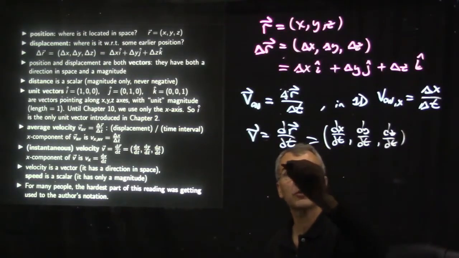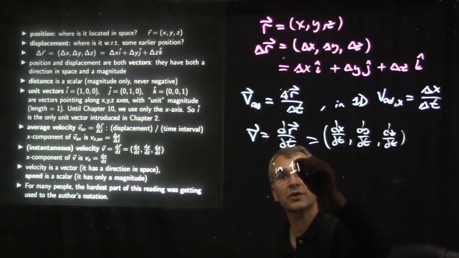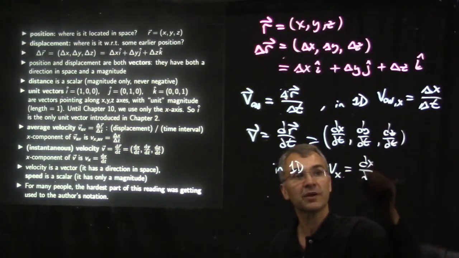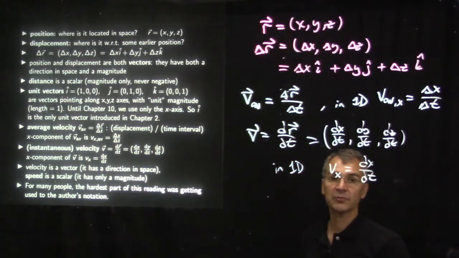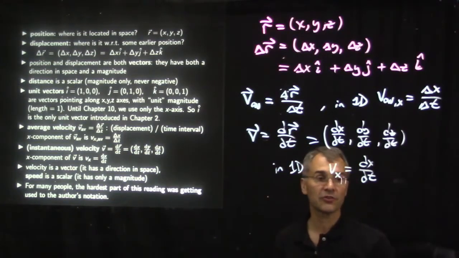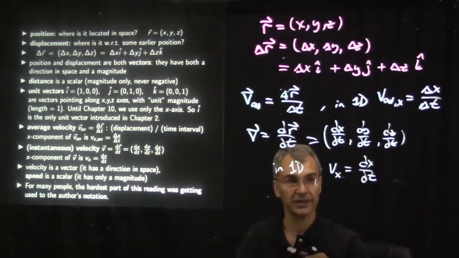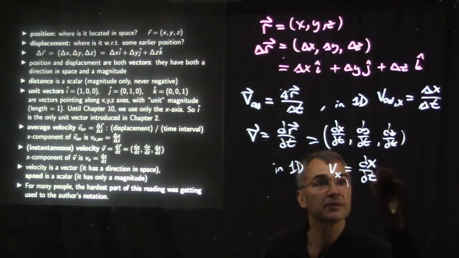But again, we're only working in one dimension for now. So in one dimension, v sub x is just dx by dt. Okay, so the x component of velocity is the slope of the x versus t curve. It's just the rate of change of x with respect to time.